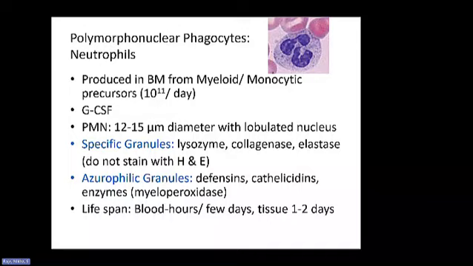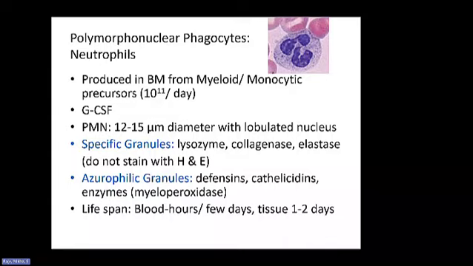Specific granules, which make up most of the granules, they have these substances or enzymes called lysozyme, collagenase, elastase. These specific granules do not stain with hematoxylin and eosin, and so no basic or acidic dyes in them, and that's how they get the name neutrophils.